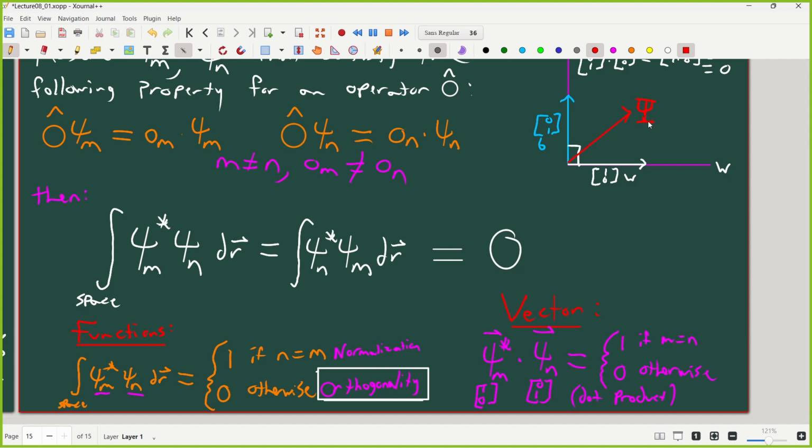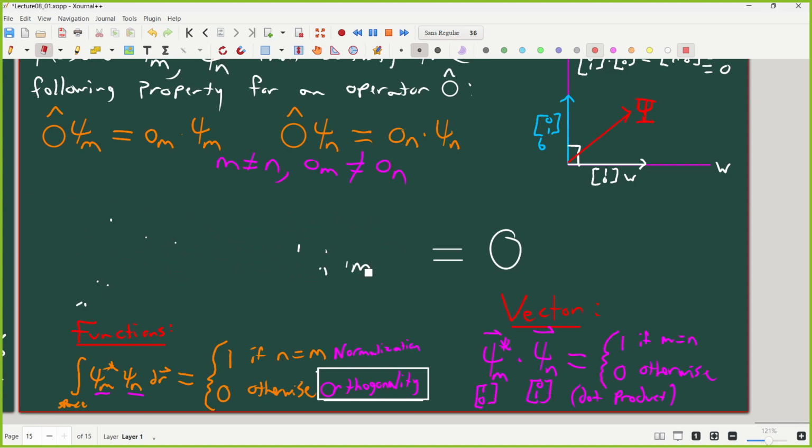What's the similarity of psi to white, or the similarity of psi to black? Let me clean this up a little bit. I'm going to erase this thing in the middle just to get myself a little bit of space.